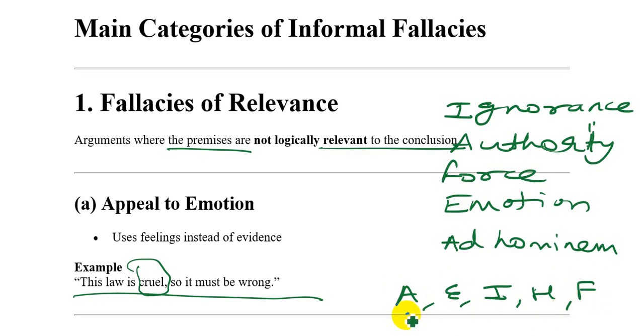So we'll repeat once again: appeal to authority, appeal to emotions, appeal to ignorance, ad hominem, and appeal to force. AEI, HF. These are the fallacies of relevance.